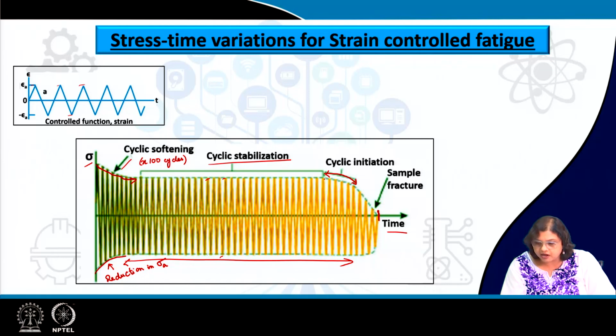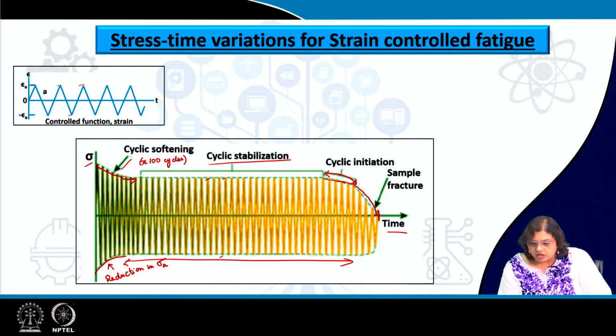So, this is the part when the damage accumulation has been severe and that leads to the onset of unstable fracture, which is like the stage 3 that we have seen in the previous video.